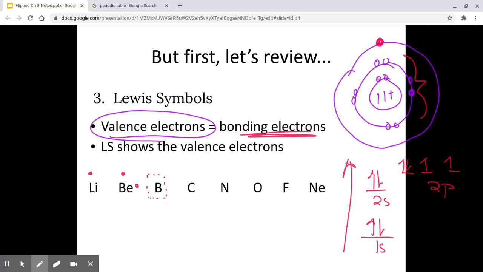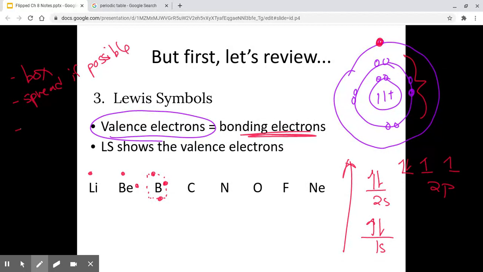Boron has 5 electrons total, 2 are core, so the 3rd, the 4th, and the 5th electron get spread out around the symbol of boron. So you're going to draw them as if they exist around a box. You're going to spread them out if possible.